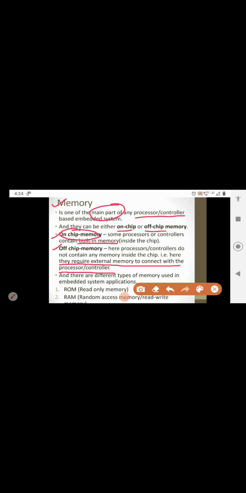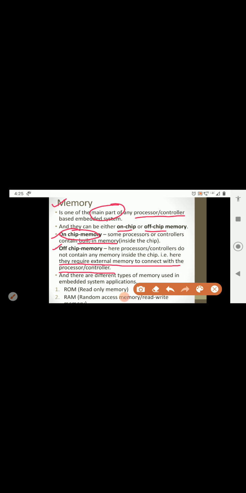Some processors are built with internal memory, which we call on-chip memory, and some processors or controllers are not built with memory. For that we need to add the off-chip memory externally to that device or embedded system.